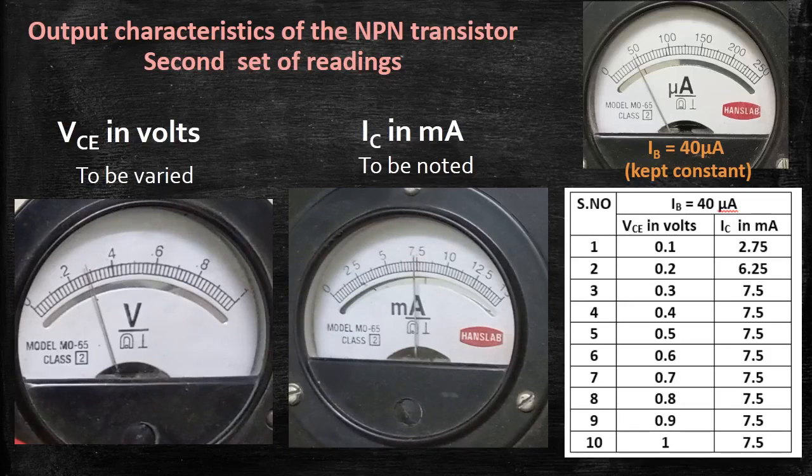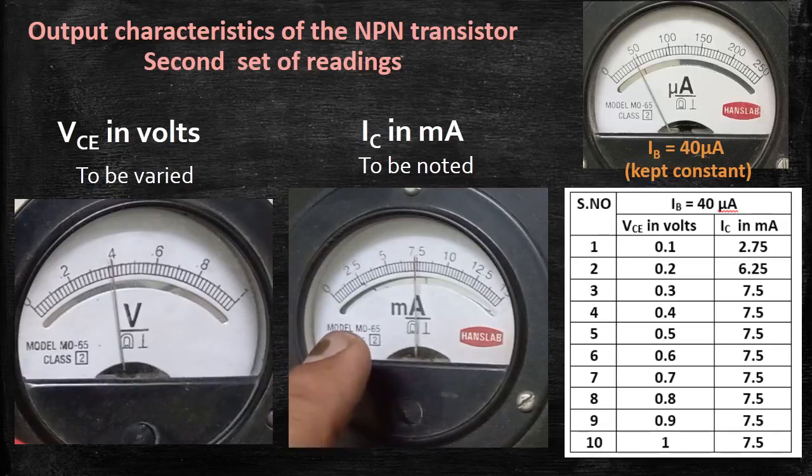Understood? Now slowly increase the value from 0.3 to 0.4 volt. VCE is kept at 0.4 volt. Are you clear? IB is also at 40 microampere. What is the value of IC? IC value is 7.5. Are you clear?